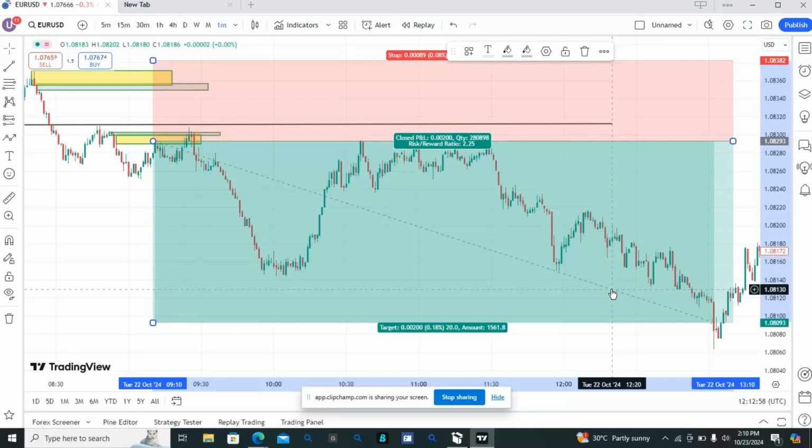Look for a trending market. Practice this, then drop your comment in the comment section. Tell me your observations. I would like to hear from you if this is working for you or not. I've been trying this in every other pair. You can try it: GBP/USD, EUR/USD, GBP/JPY, gold, any pair that you love. Try this. I'm giving you this now free of charge. If you have any challenge, let me know.